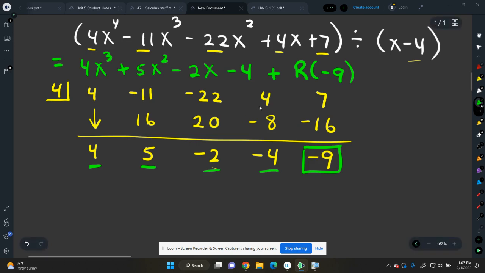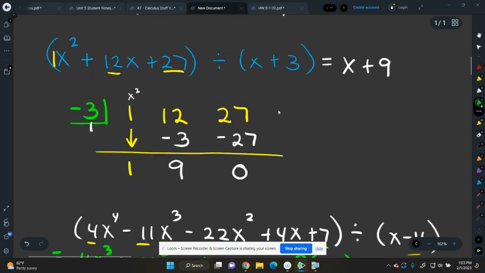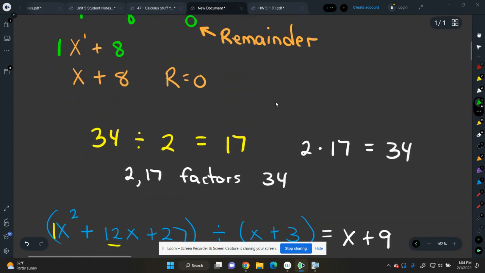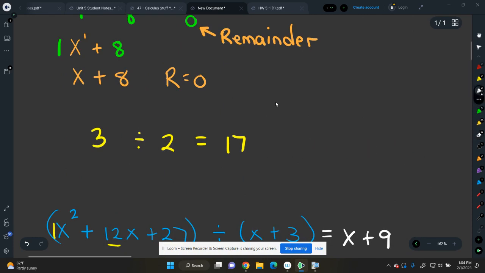Now, before I go any further with this, I want to go back up and give you another example using numbers instead of a polynomial. Okay, what if this was 35 divided by 2?